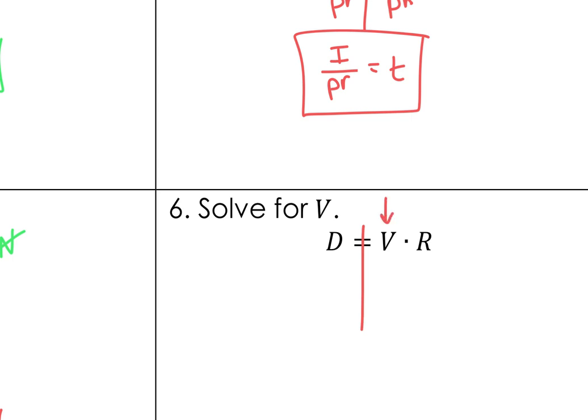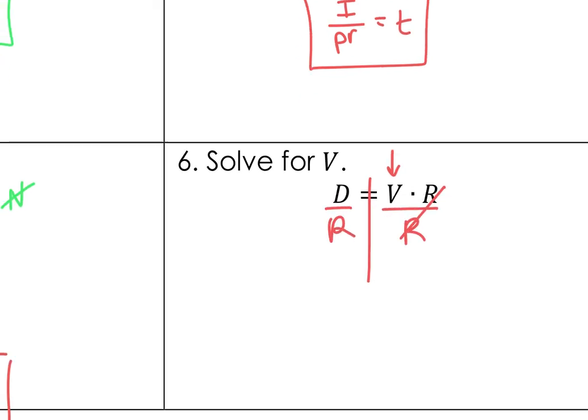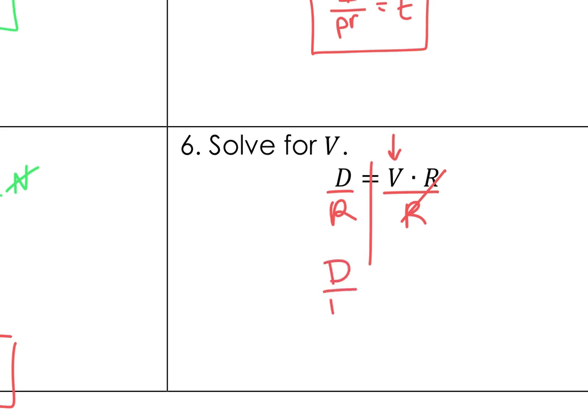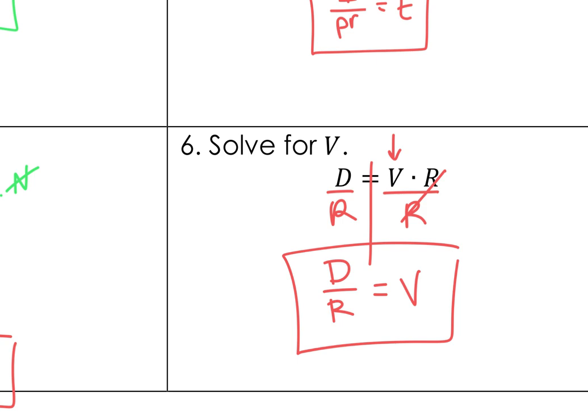If I want to get V by itself, I ask myself, what's being done to V? V is being multiplied by R. So I have to undo that. So I'm going to do the inverse of multiplication. I'm going to divide. D divided by R is equal to V. Just like that. You're done.